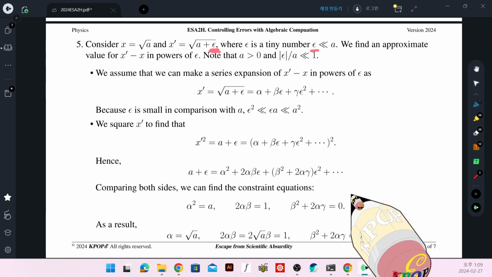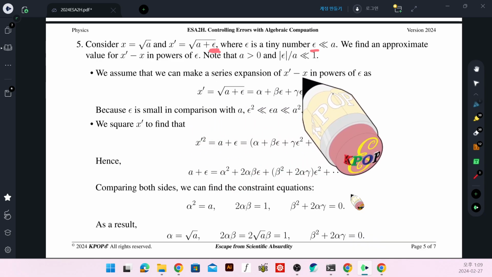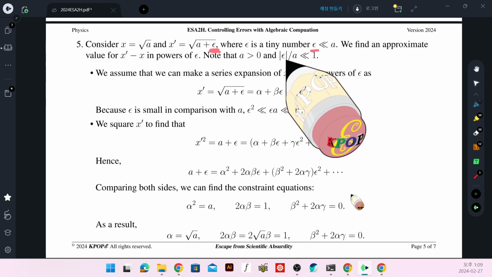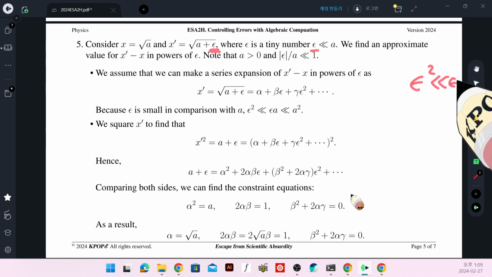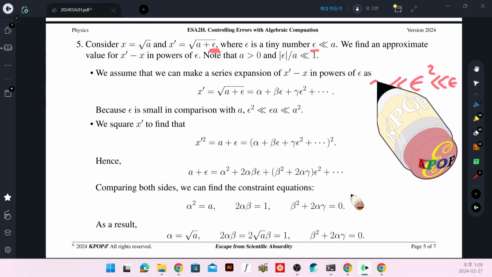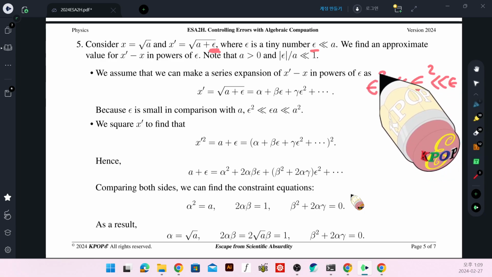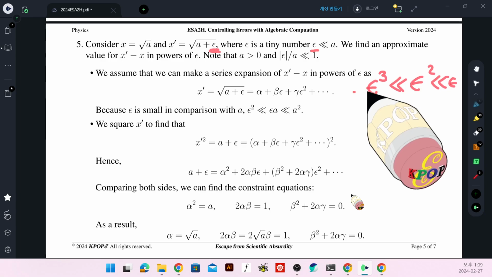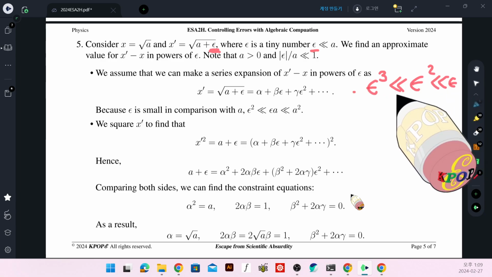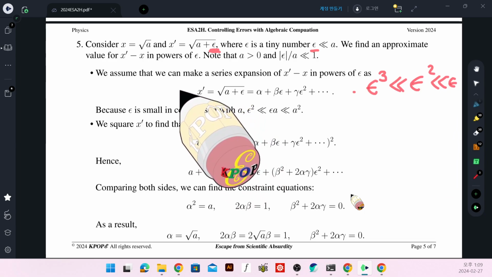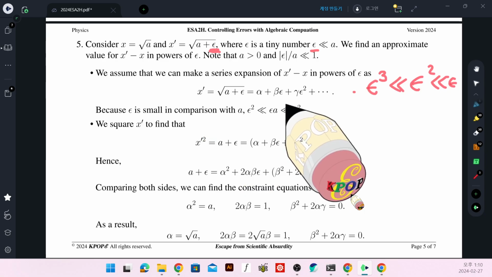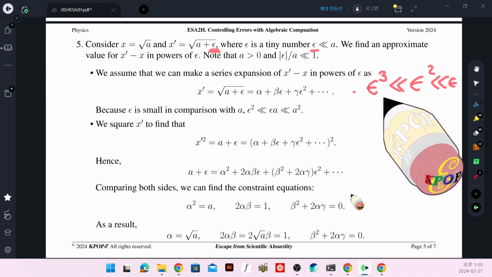using power series expansion. We assume that we can make a series expansion because epsilon is small. Epsilon squared is much smaller than epsilon, and it is much greater than epsilon cubed and so on. Using this method, we can make a guess that x prime is a linear combination of epsilon's powers.